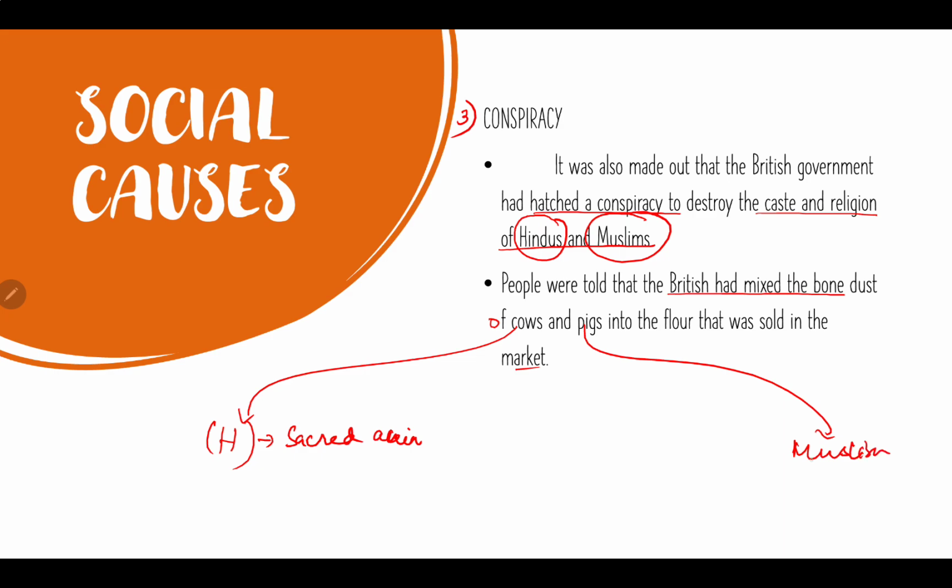For Muslims, the pig is an outcast. They don't eat pig. It is haram. So both Hindus and Muslims were very confused and very angry, because the flour they used for making chapatis at home was mixed with bone of cows as well as pigs. So this also irritated the common people.